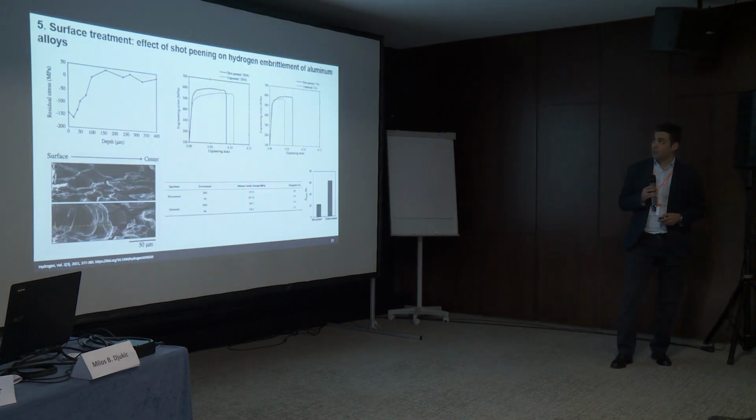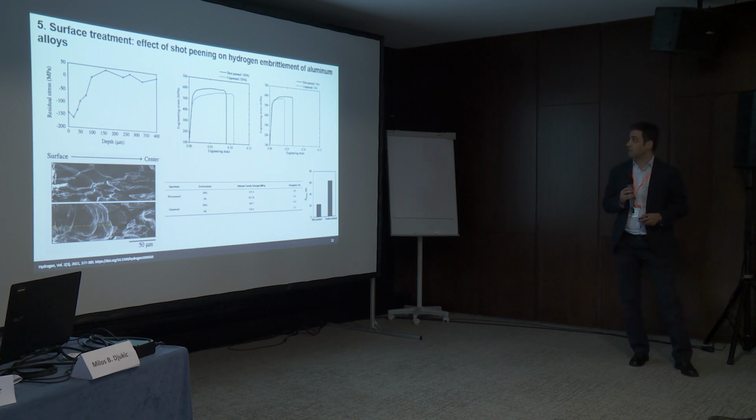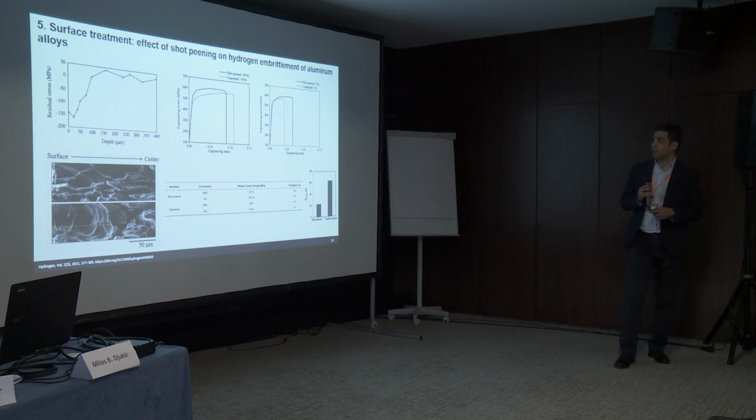And then the final one is the effect of surface treatment, which could also be very important. We used shot peening, and it was very useful to see how we can have a difference in the microstructure. As we can expect, it is also accessible from the other results, and then we can see the different behavior with hydrogen and without hydrogen in the dried nitrogen gas.